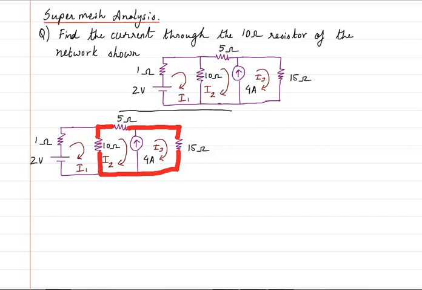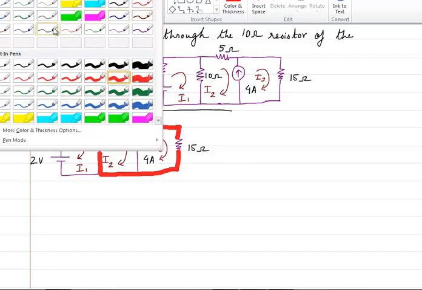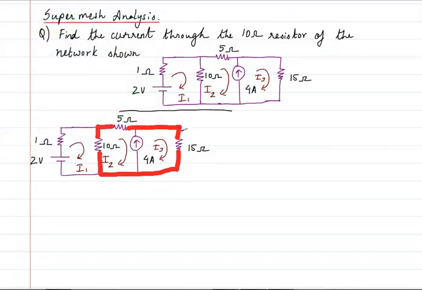I am considering the circuitous path drawn in red color, and when I say it's a supermesh, it means that it is combining two meshes together. So now I am going to write the equations for only two meshes, the first mesh and the supermesh.